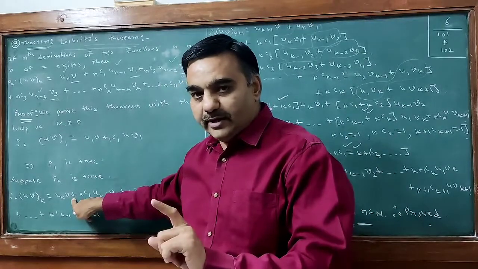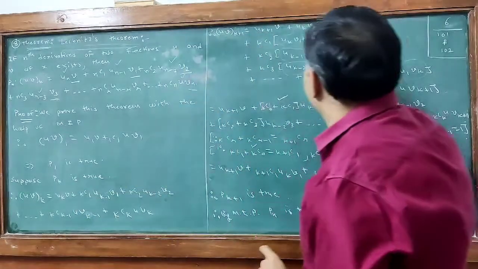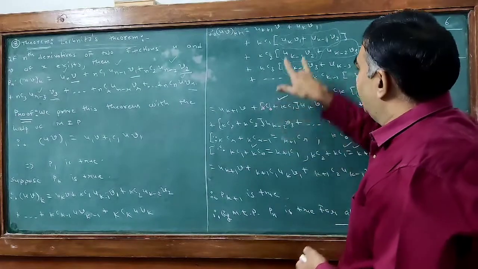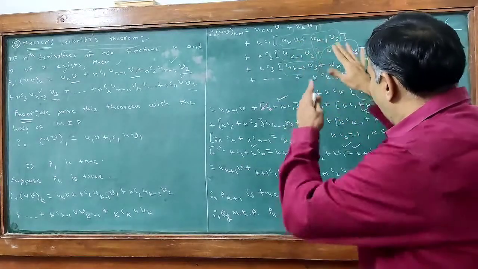Then uk as it is, with v differentiated, v1. Likewise for the second term, third term, and all other terms.